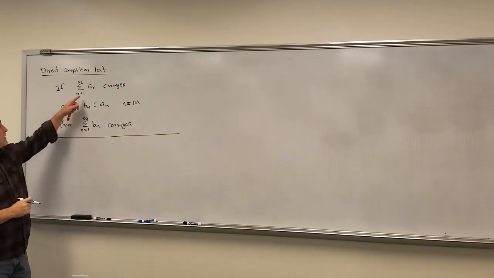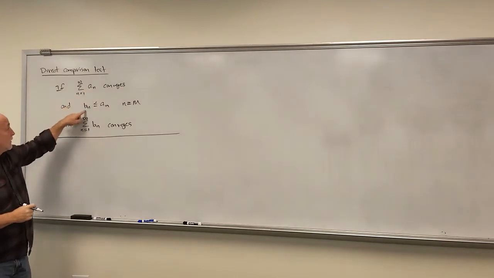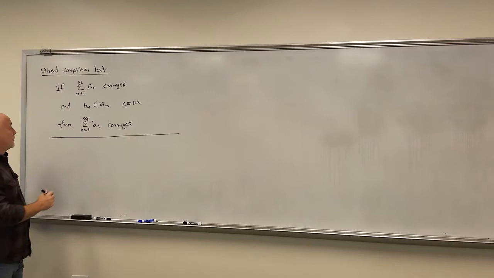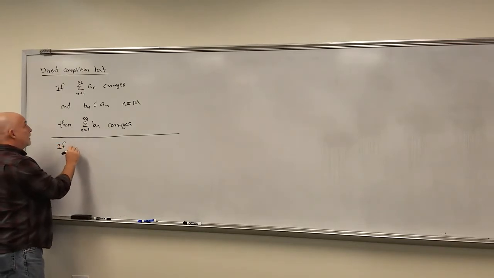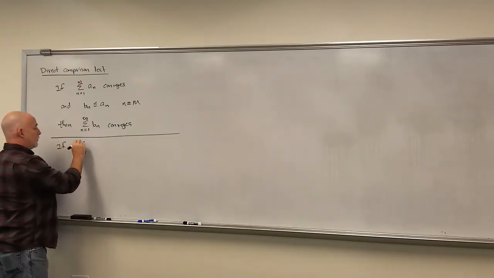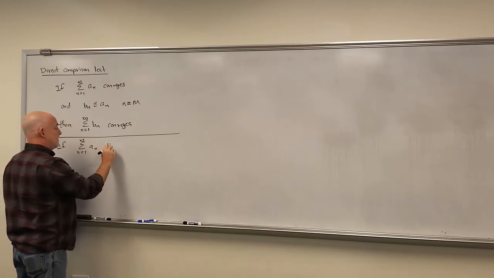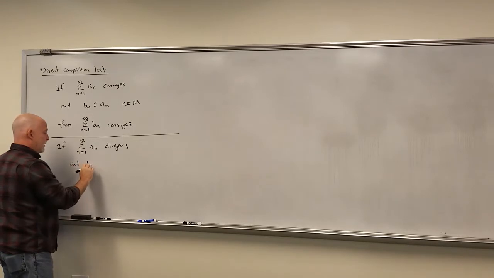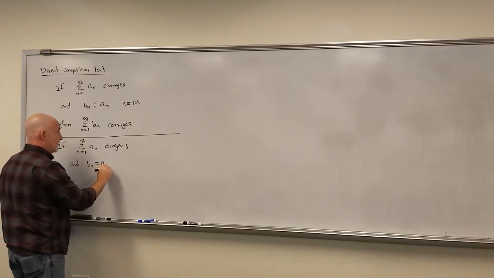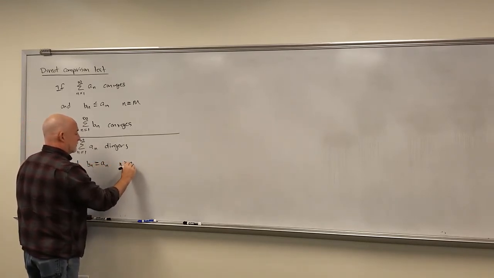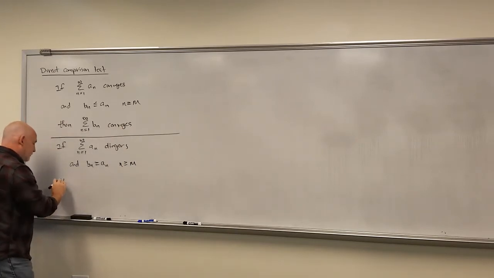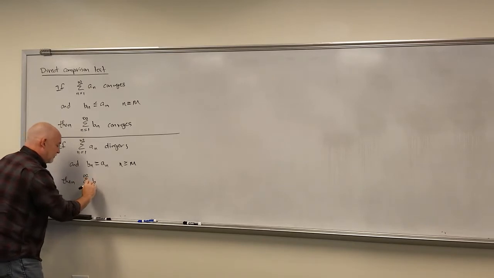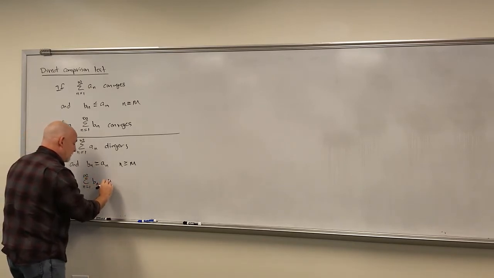So there's half of the idea. We showed that if we have a series that converges, if every one of our terms is less than those terms, then our series with that will also converge. The other way around, if we know the sum n equals 1 to infinity of a sub n diverges, and we know that our b sub n's are greater than or equal to a sub n's, again after some value, then the sum n equals 1 to infinity of b sub n diverges.